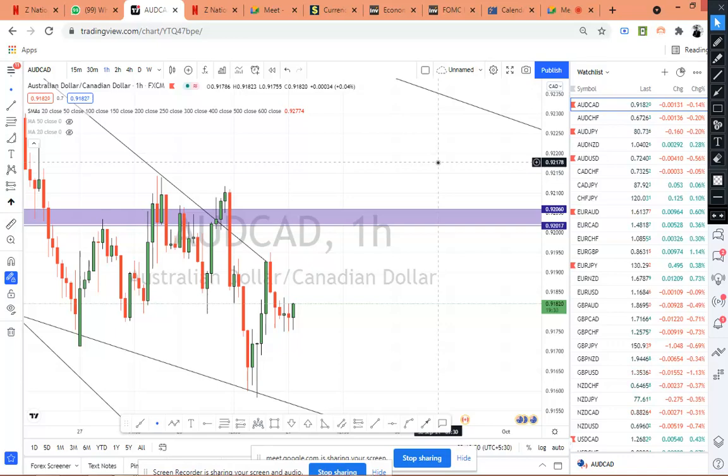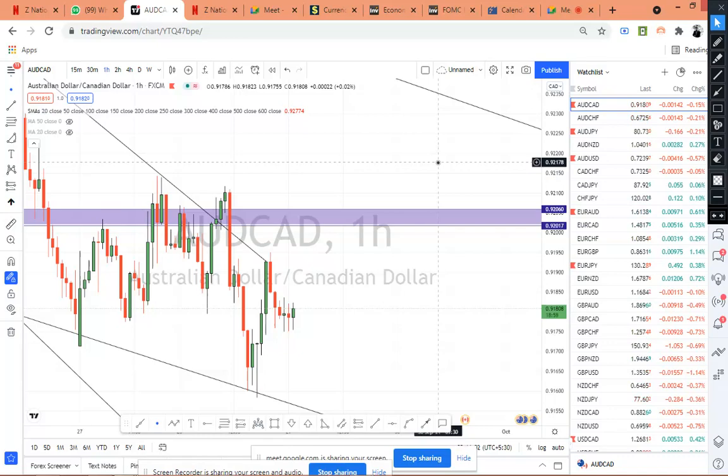When you are trading binary option, the most important thing, if you really want to dig deep about being profitable in binary option, is one, know how to analyze candlestick, and the second is zone.